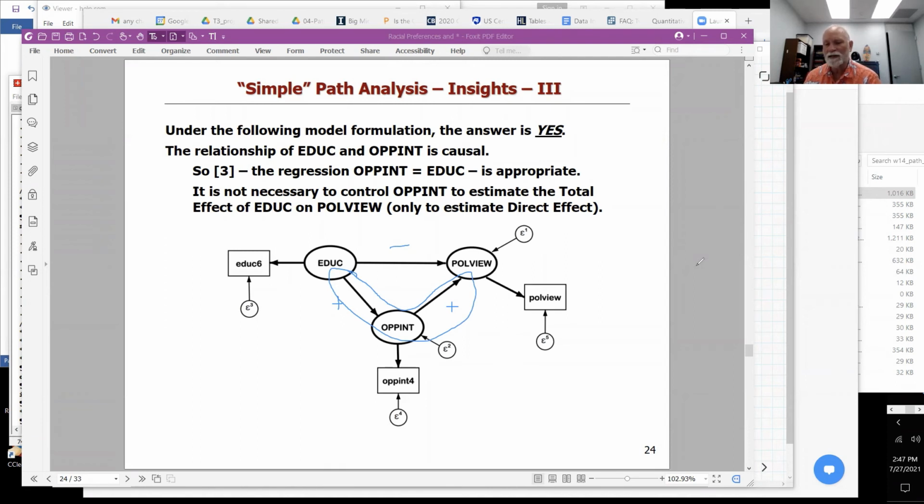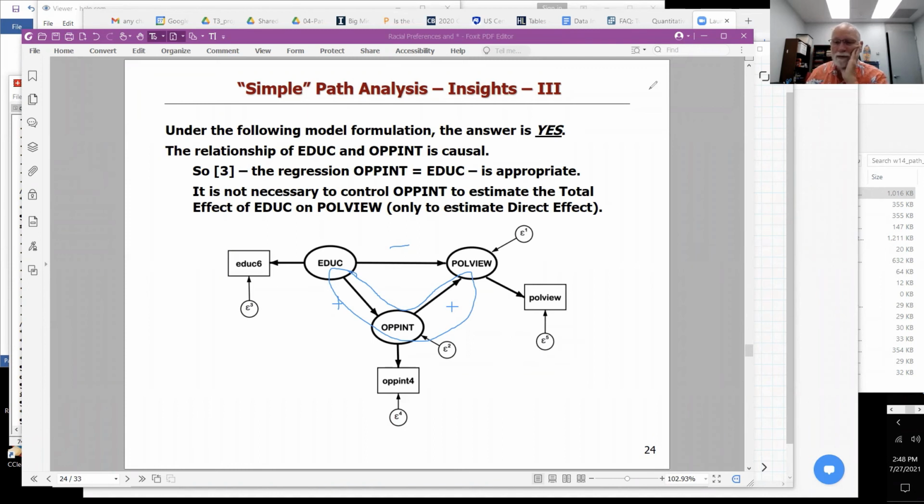Raising education is going to have a negative impact. It could have no effect whatsoever because in reality, the indirect positive effect neutralizes the negative effect. Or it could even have a positive effect if the indirect effect is larger than the direct effect. Not only is that possible, it often is the case in analyses that people take seriously.